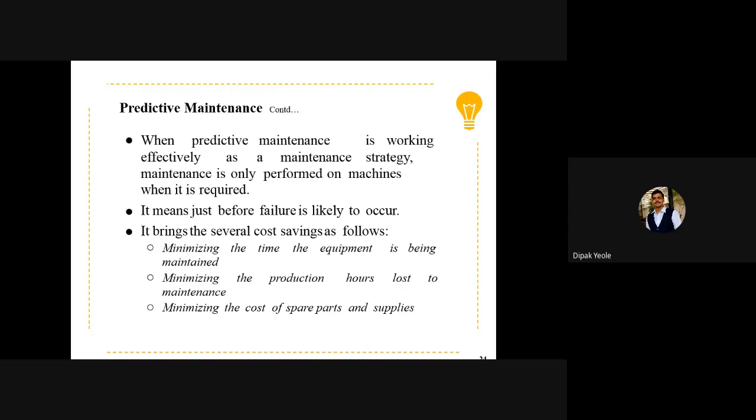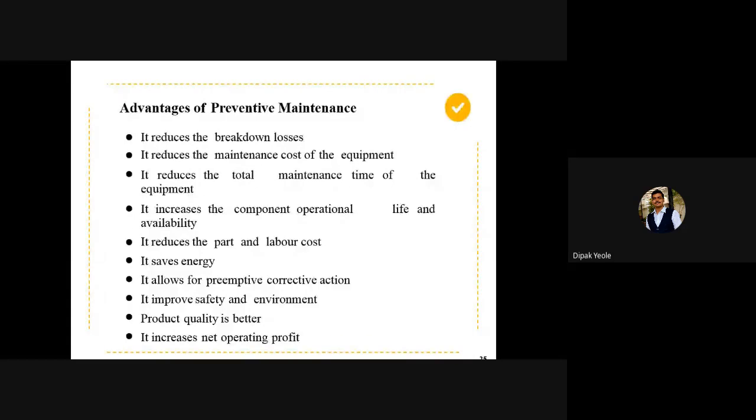Minimizing the time the equipment is being maintained. So one can say that these are the advantages. Minimizing the production hours lost to maintenance and minimizing the cost of repair, spare parts and supplies. One can see there are a lot of advantages of having predictive maintenance. So it is not preventive, sorry for that, it is predictive maintenance.